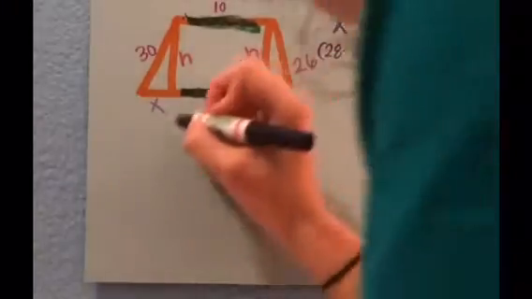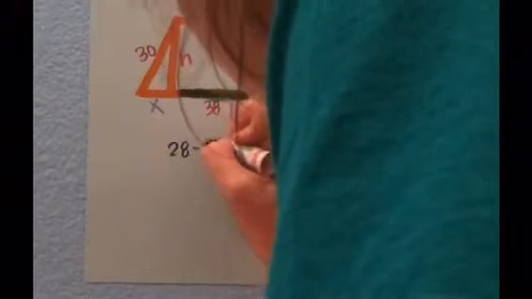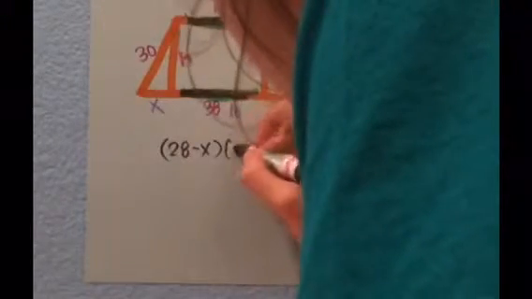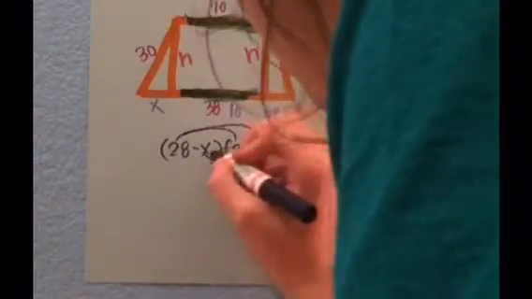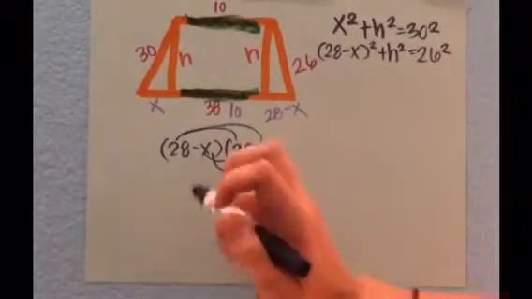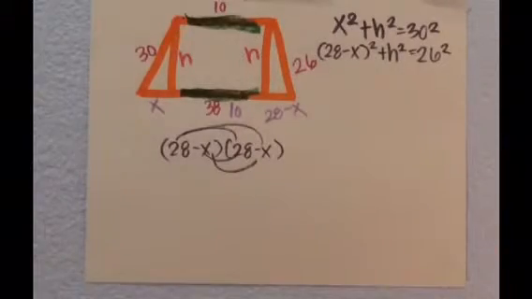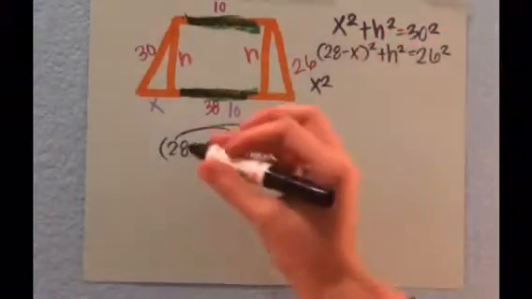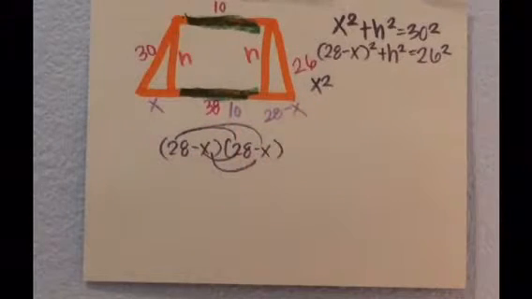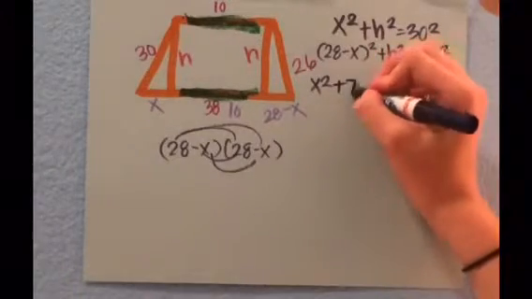So now we can distribute 28 minus x times 28 minus x. Negative x times negative x turns out to be a positive x squared, so x squared, and then we have 28 times 28, which gives us 784.